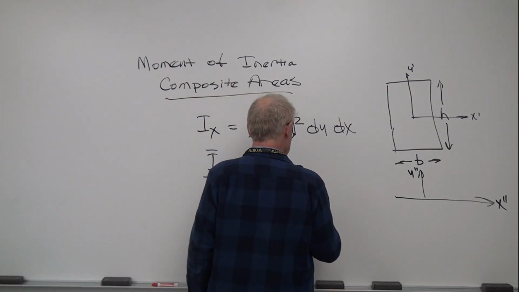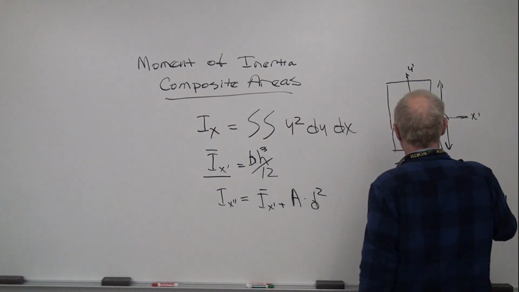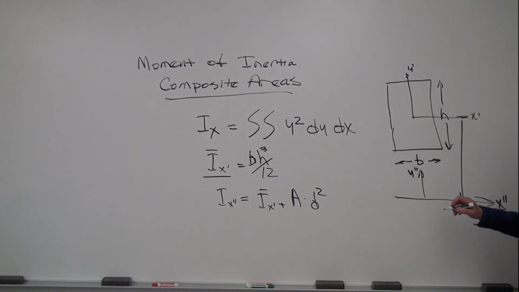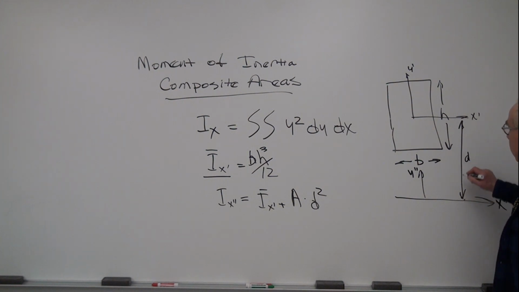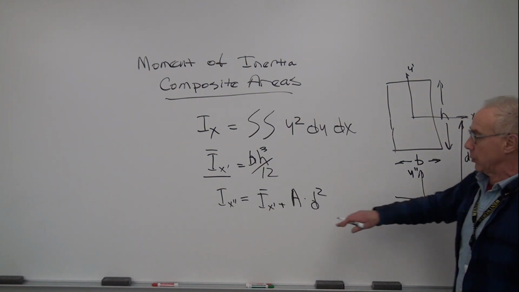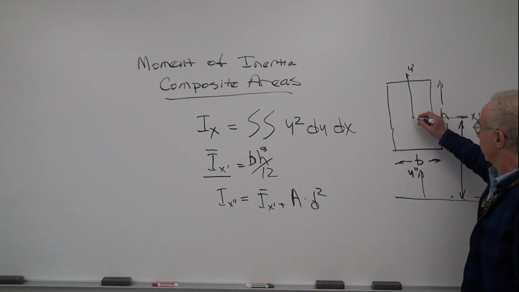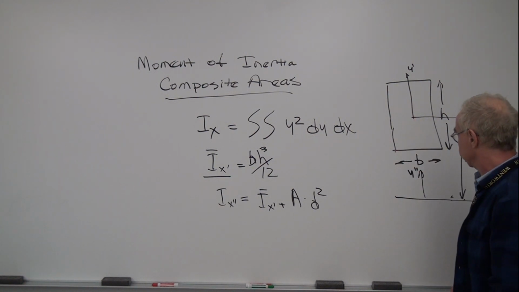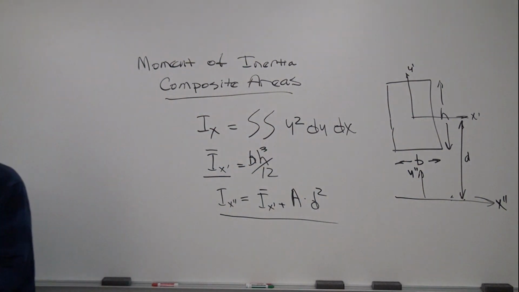And that would be multiplied by d squared, where d is the vertical distance between this axis, where we're evaluating our moment of inertia, and the axis that passes through the centroid of the area of interest. All right, so this is all kind of review so far.